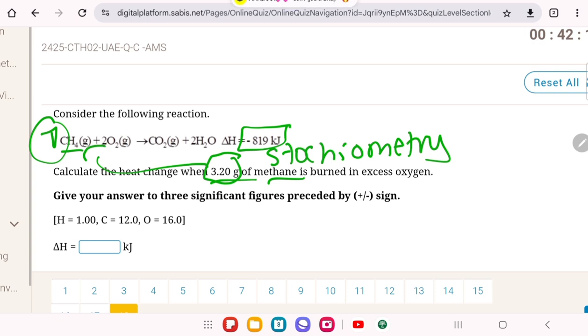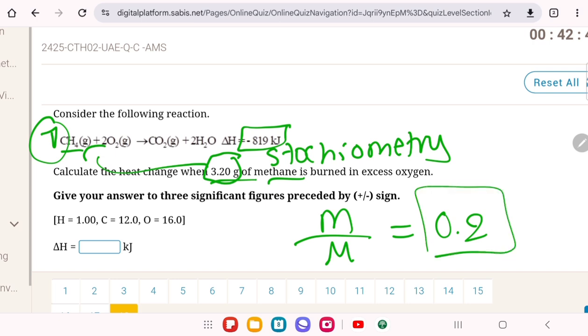Okay, what we need to do is that we need to find the number of moles first of all. So how do we find the number of moles? Mass over molar mass. So we do 3.2 over the molar mass of CH4, which is 12 plus 4. So the number of moles is 0.2.